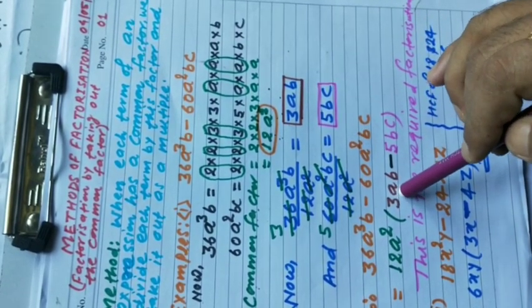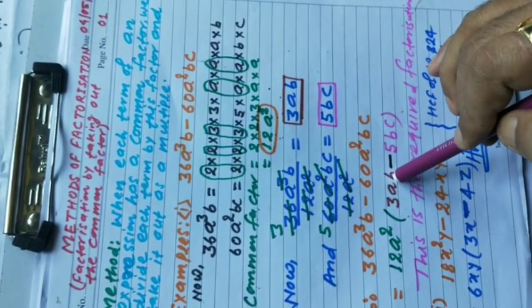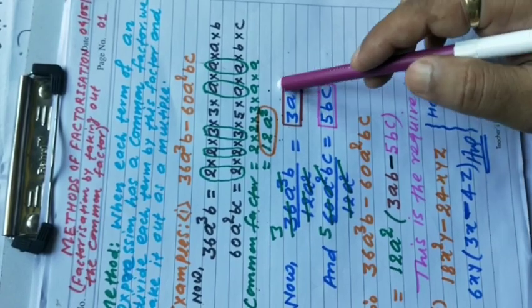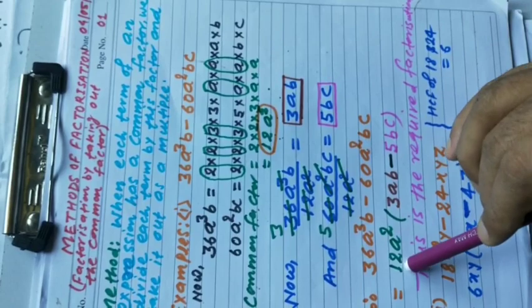So we have to write the quotient here. So we have written 3ab. Here we have circled it. So here we are left with 3ab.